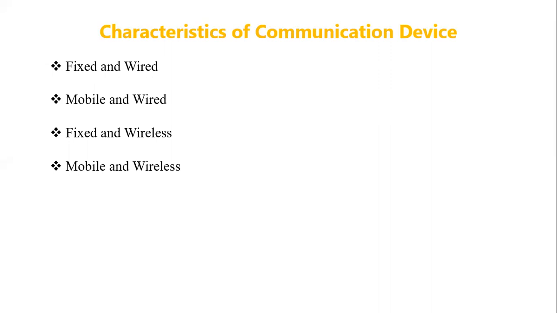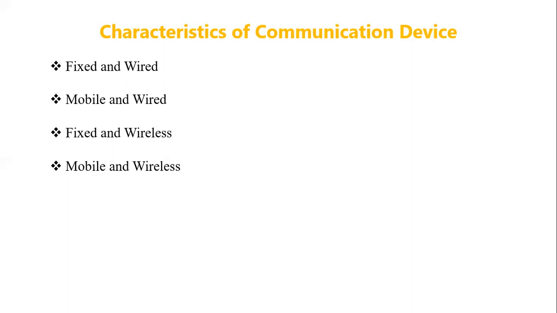The next thing we have is mobile and wired. That is, the device is movable. Mobile in the sense that the device is movable, but still it uses a wired communication. A good example for this is the laptop. So a laptop falls in this category. For example, a user carries a laptop from one place to another place, and in that place, whatever network is available, they may connect to that network through a telephone network or a modem, or through some means they will plug into that network.